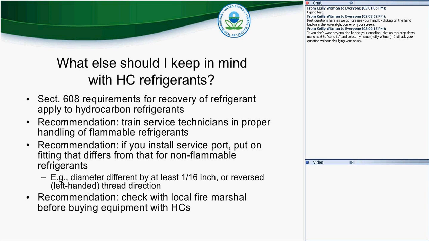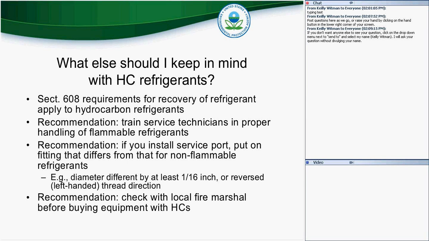And then a final practical thought, it's probably worth checking with the local fire marshal before you buy the equipment. They likely will not have concerns, especially if they find out that each piece of equipment has a similar amount of hydrocarbon to what would be in, say, 3 cans of hairspray, or 3 cans of some cleaner that uses hydrocarbon as the propellant in an aerosol can.